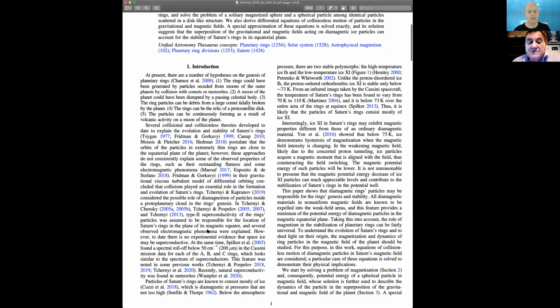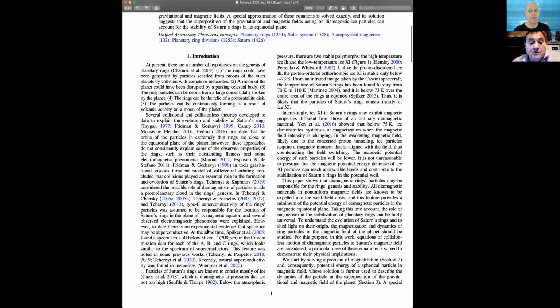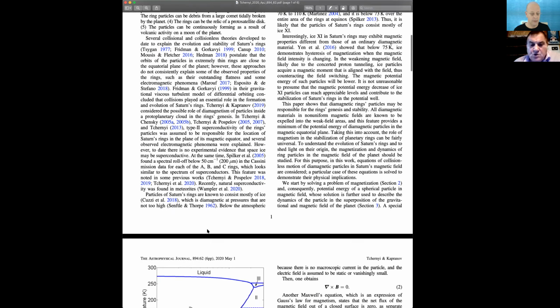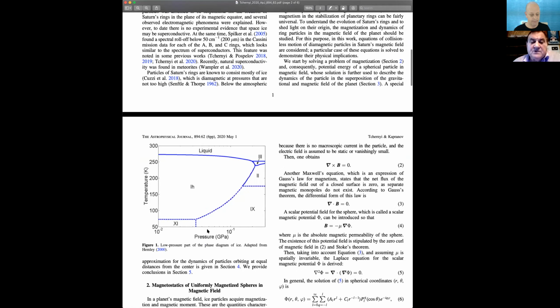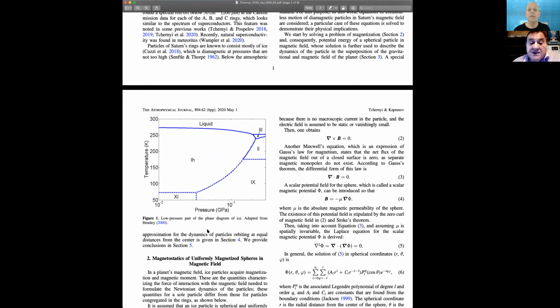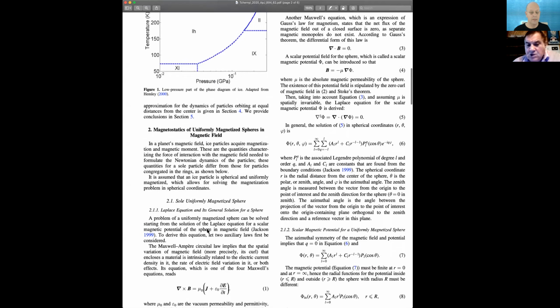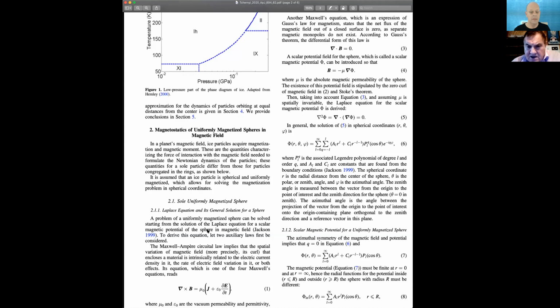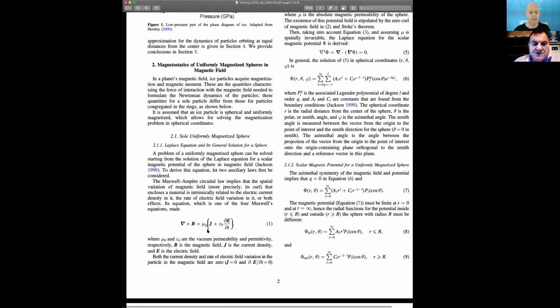It's assumed that an ice particle is spherically uniformly magnetized, which allows solving the magnetization problem in spherical coordinates. In paragraph 2.1.2, we found the Laplace equation and its general solution for a diamagnetic sphere.